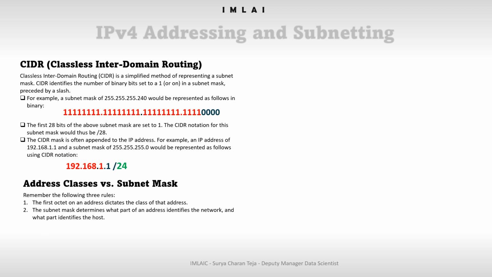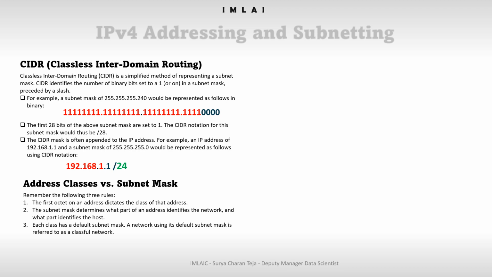The third golden rule is each class has a default subnet mask. A network using its default subnet mask is referred to as a classful network.